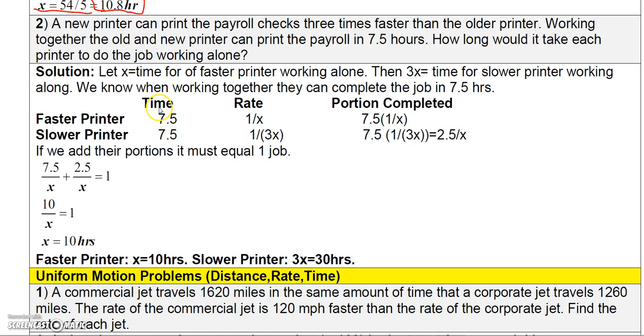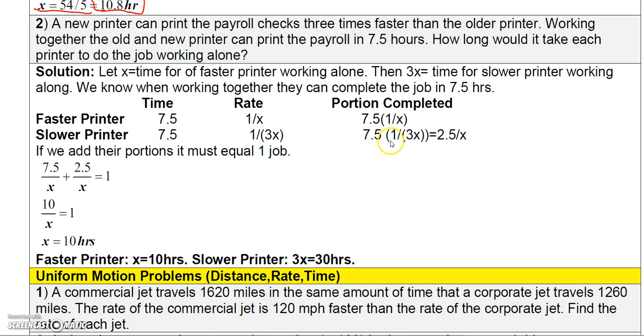So we know the faster printer's going to work 7.5 hours. And we know the rate would be 1 over X, because the faster printer can do the job in X hours, so its rate would be 1 over X. The portion completed would just be 7.5 times 1 over X. Now the slower printer is also going to work 7.5 hours, but its rate is 1 divided by 3x.